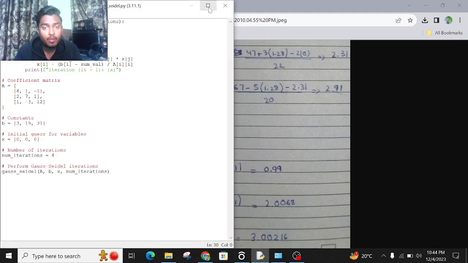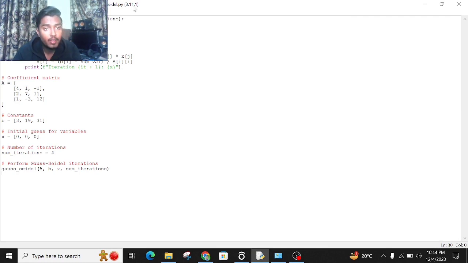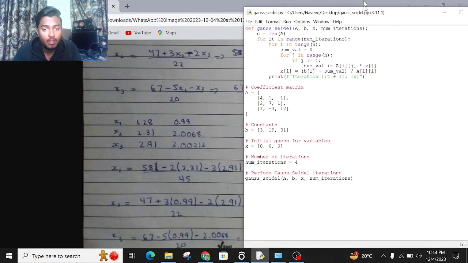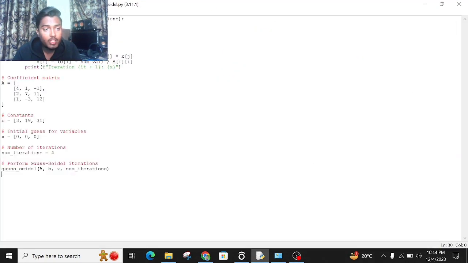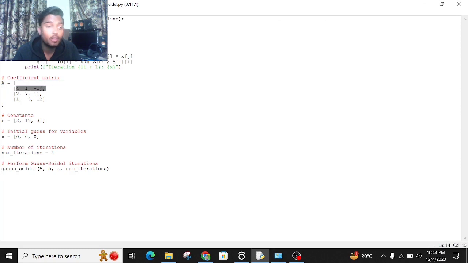We have already written this code, so let me just explain it to you. First of all, we have our first matrix here. We can consider the elements of the equations as the matrix. These are the elements on the left hand side of equation 1, the elements of equation 2 on the left hand side are the second row, and the third row equals the elements on the left hand side of equation 3.